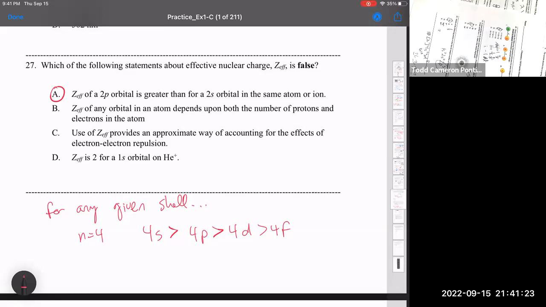And the shielding is accounted for in the equation, which is effective nuclear charge is equal to Z, the number of protons, minus S, the number of shielding electrons. And then effective nuclear charge is 2 for a 1s orbital on helium plus. Helium has 2 protons, and S would be equal to 0. There's no shielding electrons if there's only 1 electron. 2 minus 0 is 2. That one's also true.